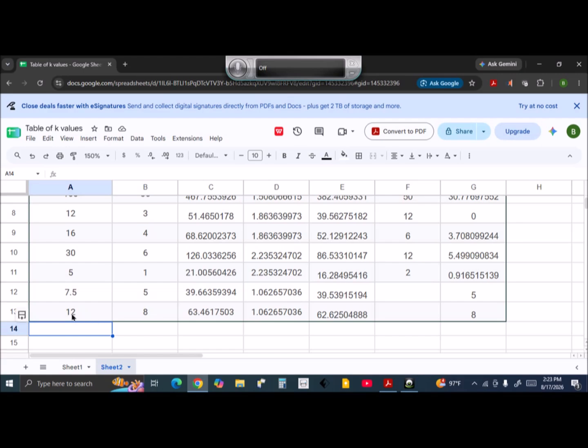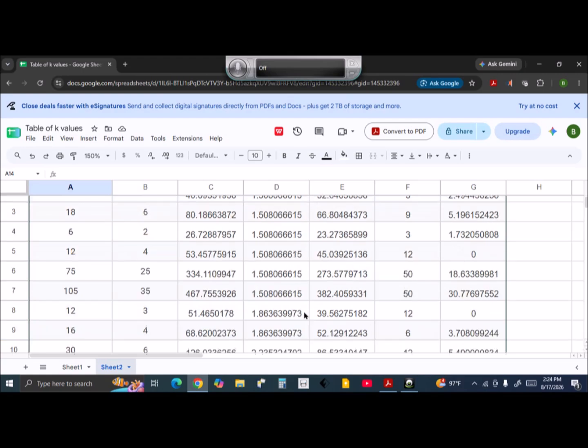And then here's 12 for the semi-major axis, which is 1.5 times 8. And what do we get? 1.0626577036. K repeats again. So it appears that, not just appears, but it happens to be the truth, that K will repeat for the ratio of A to B.